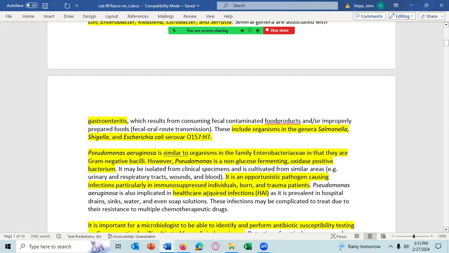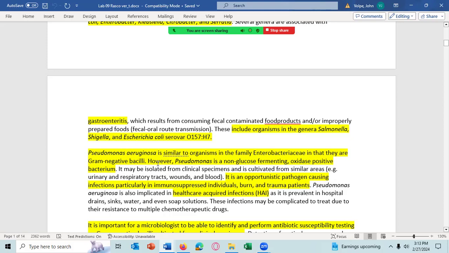And then the burn patients and trauma patients frequently have their skin or their mucosal membranes damaged. And so it can get in the patient and then infect them. Like I said, a normal individual, their intact skin and intact mucous membranes tends to prevent Pseudomonas aeruginosa from getting established.